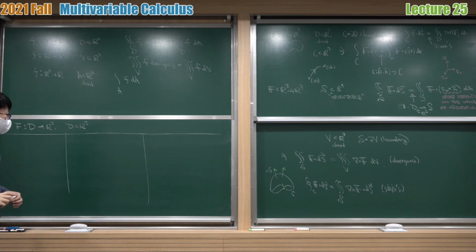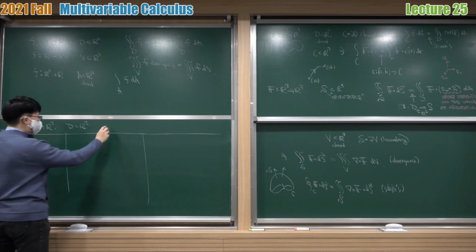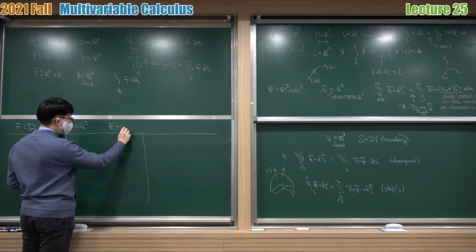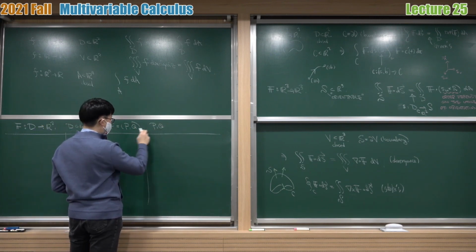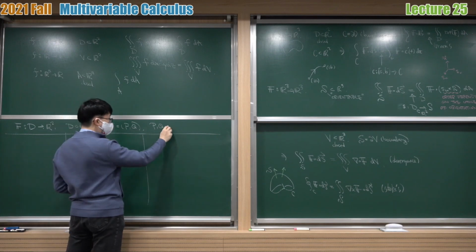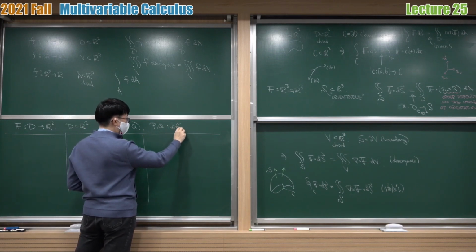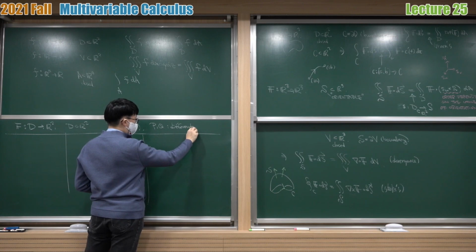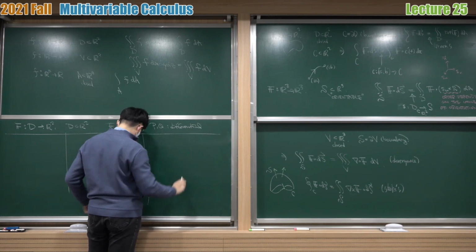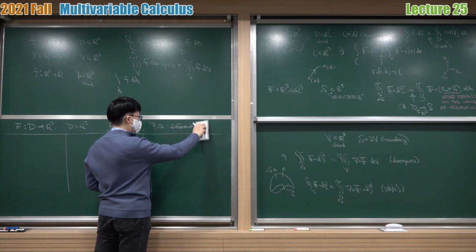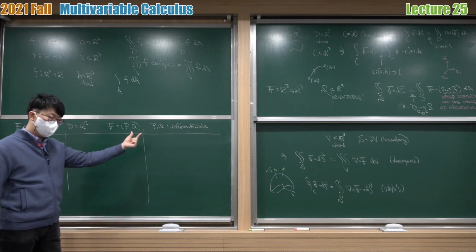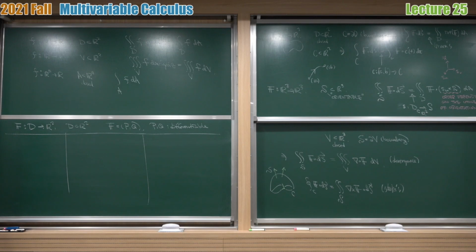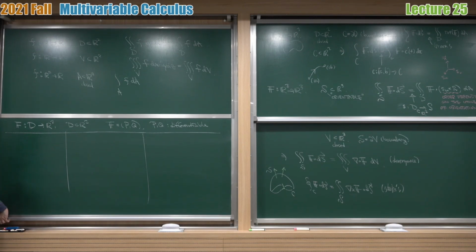F has coordinate functions P and Q, and these P and Q, two-variable functions, are differentiable. So I don't worry about taking partial derivatives of P and Q many, many times.